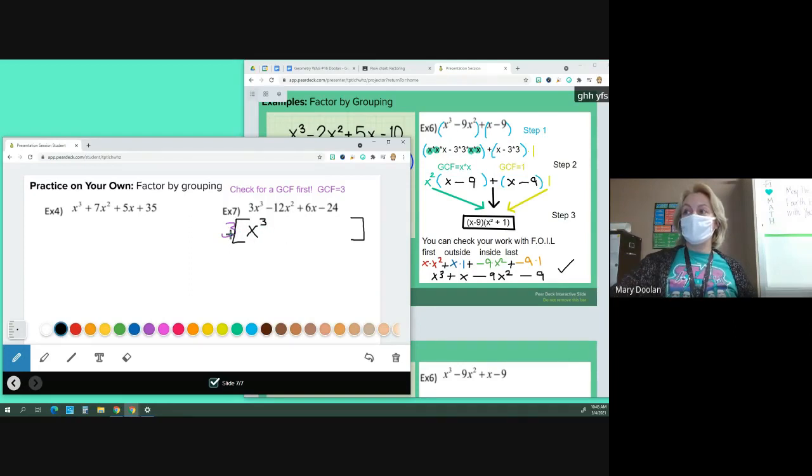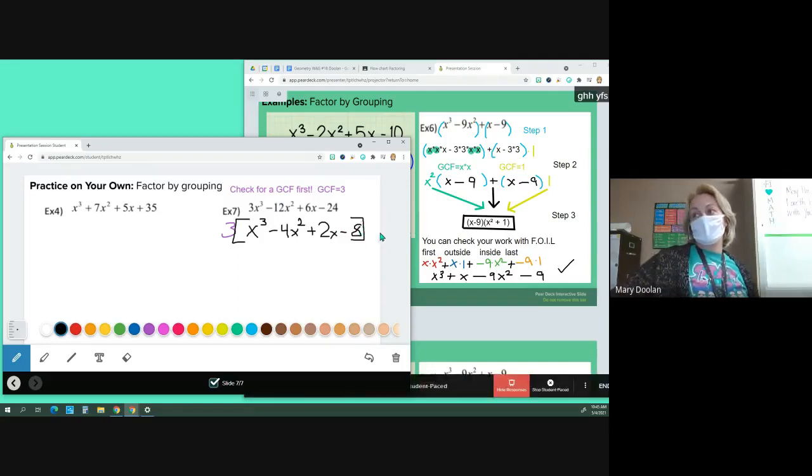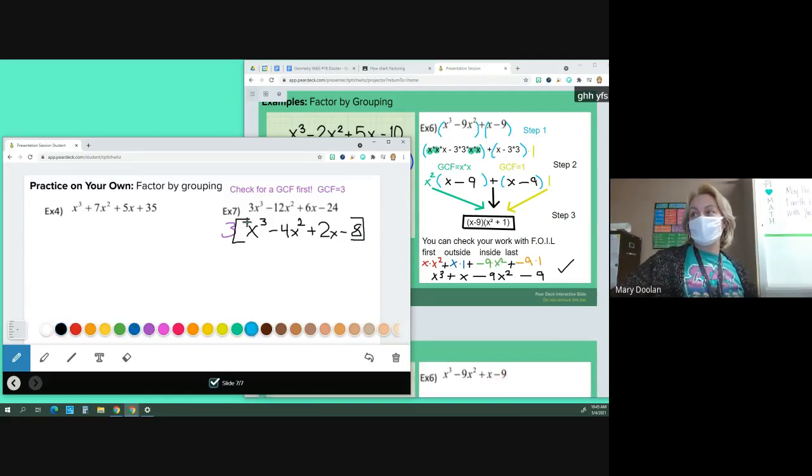If I divide 3 out of 12, I'm left with 4x squared. If I divide 3 out of 6x, I'm left with 2x. And if I divide 3 out of negative 24, I'm left with negative 8.